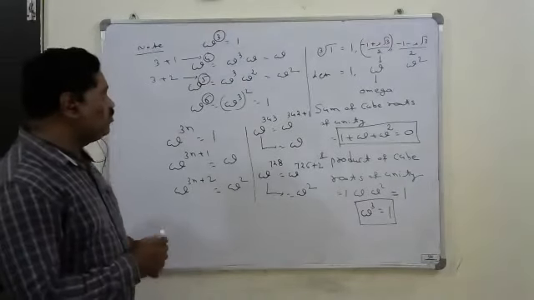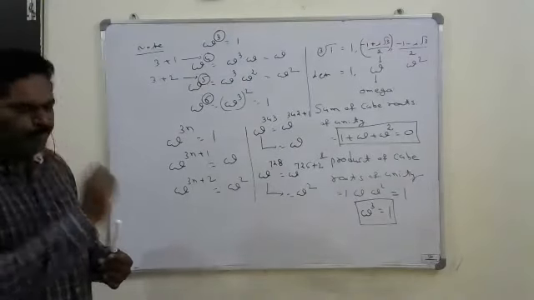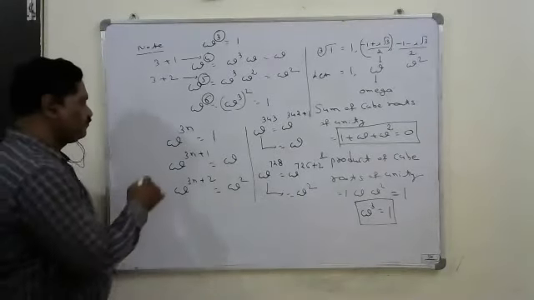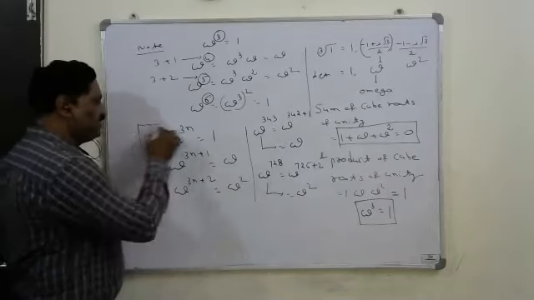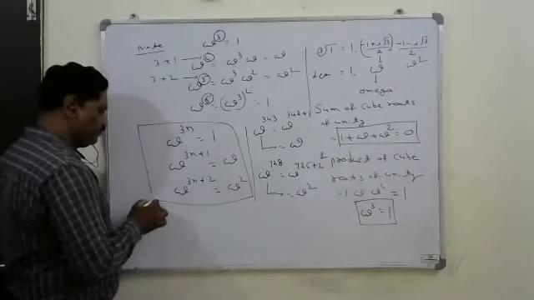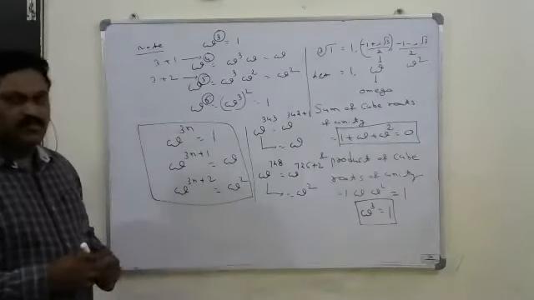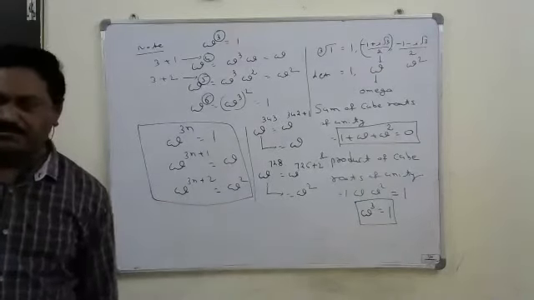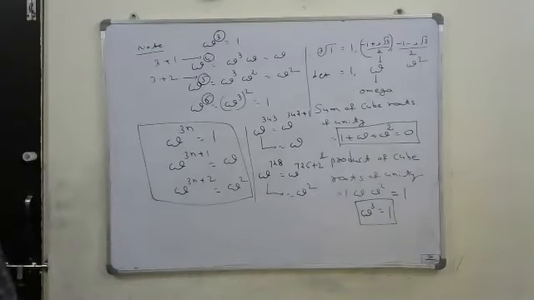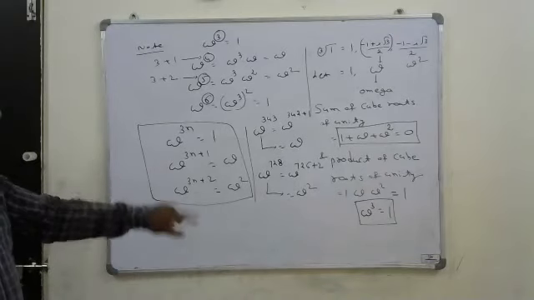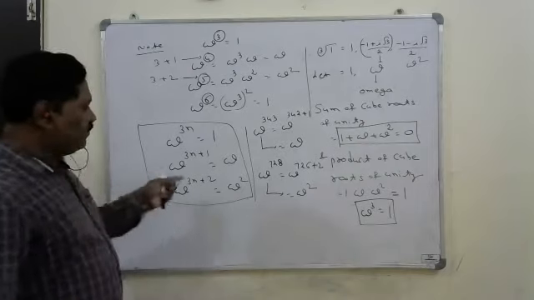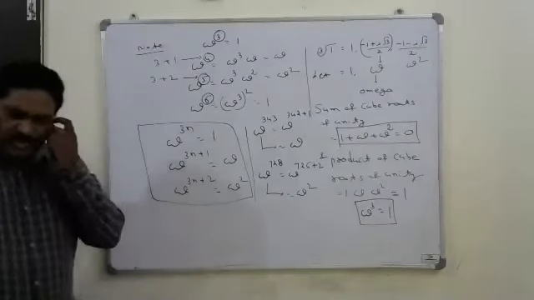Write in your notes: omega power 3n is equal to 1. Next, omega power 3n plus 1 is equal to omega. Next, omega power 3n plus 2 is equal to omega square.